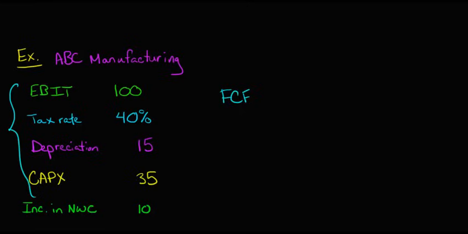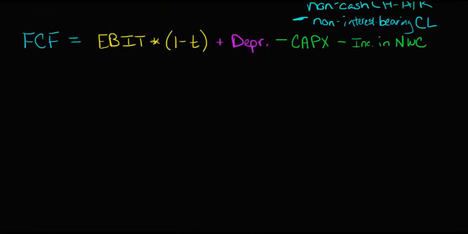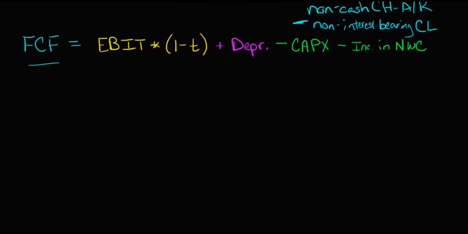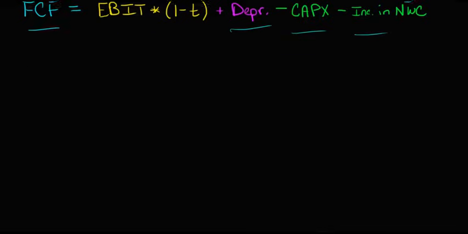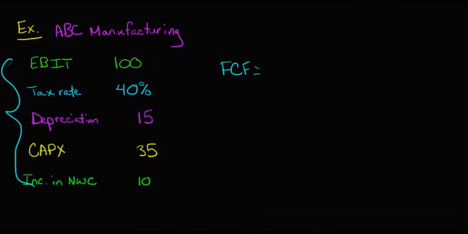Actually, I want to include all the way down. There we go. So we can just use our formula from above. The free cash flow is the earnings before interest and taxes times 1 minus the tax rate plus depreciation minus CapEx minus the increase in net working capital. Once we know what those things are, it's really kind of mechanical to calculate this.